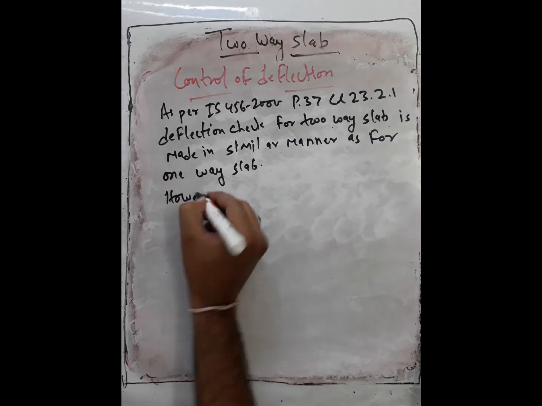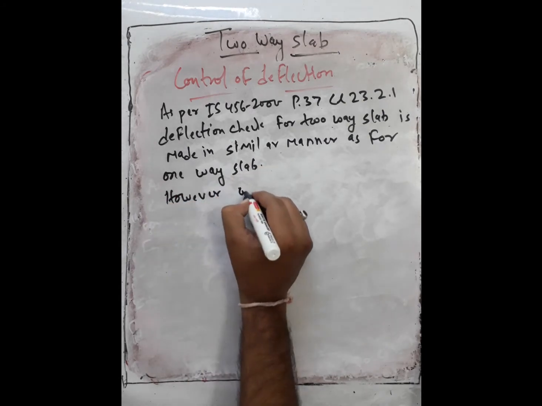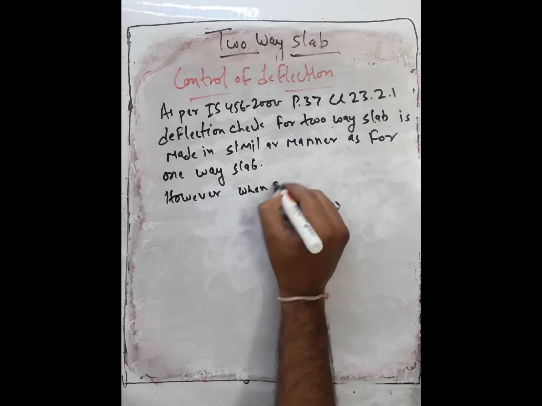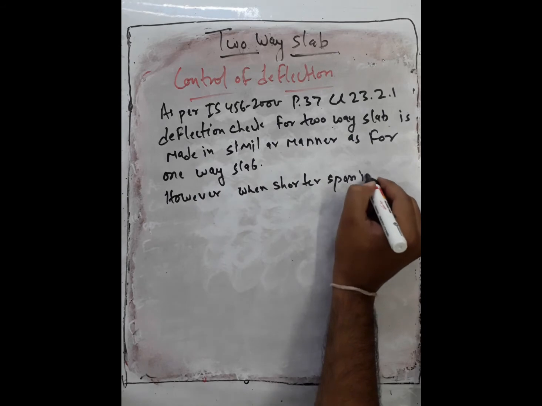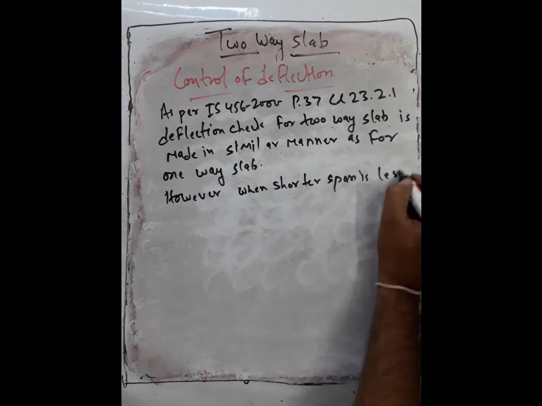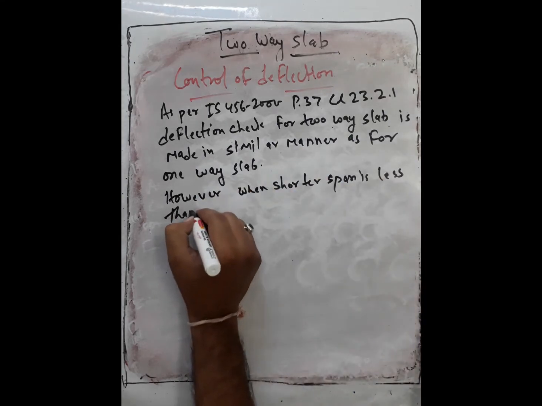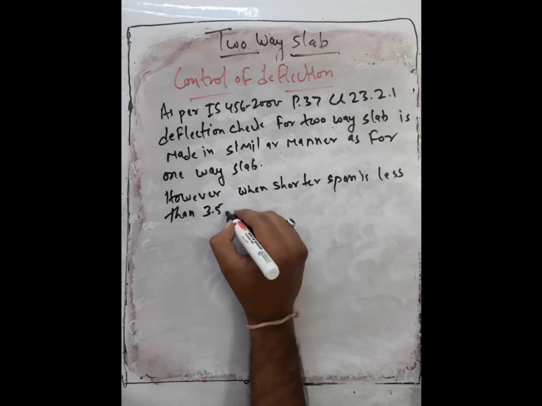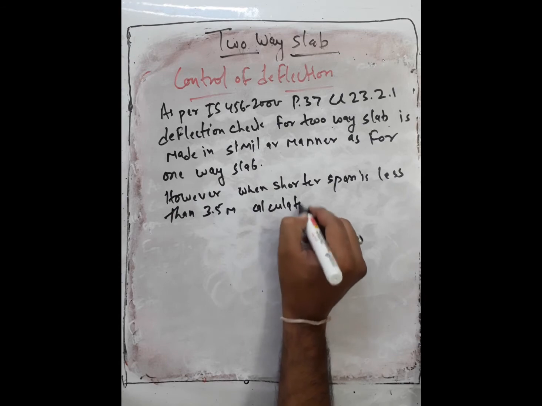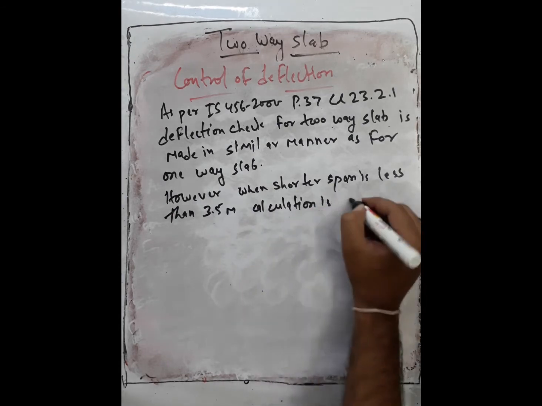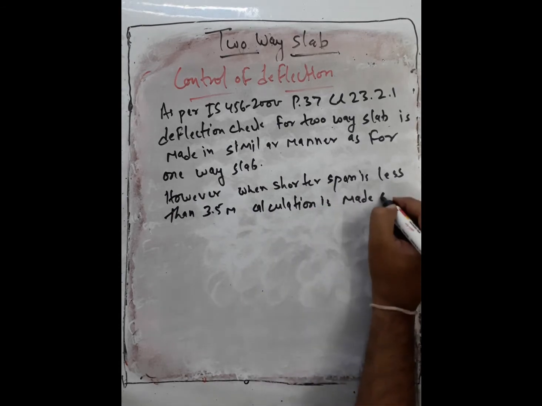However, when the shorter span is less than 3.5 meter, the calculation is made as under.